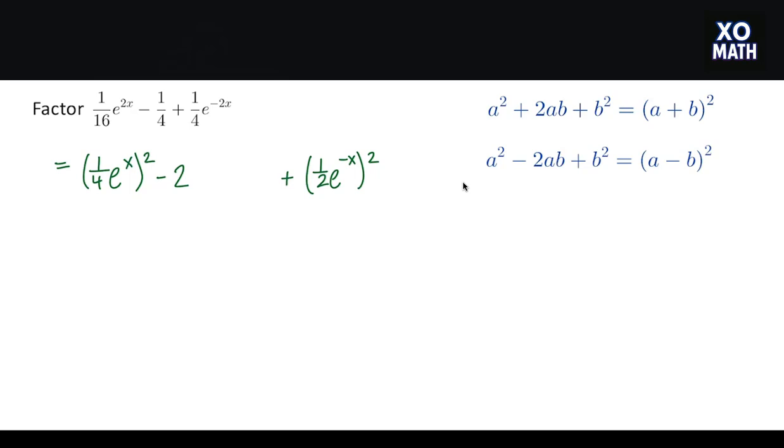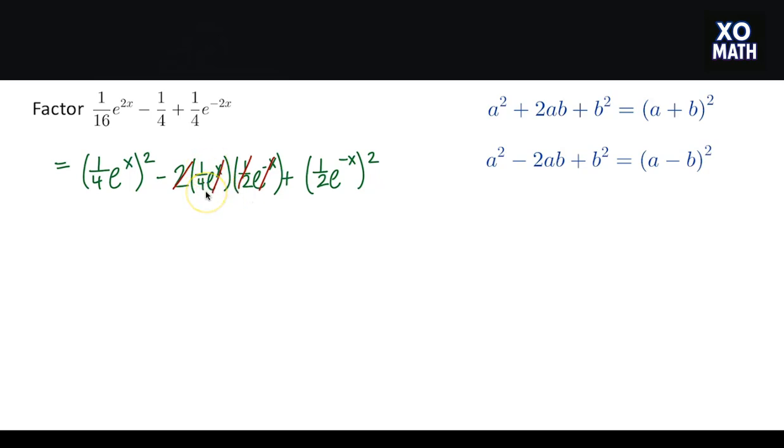So minus 2 times a, which was 1/4 e to the x, and b was 1/2 e to the negative x. Let's make sure that this simplifies down nicely. So 2 times 1/2 is 1. So I have 1/4 left, or minus 1/4. And e to the x times e to the negative x becomes e to the 0, which is just 1.